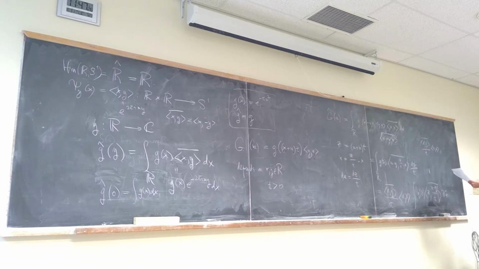Oh yeah, right, ux, and then g hat of u minus y over t. Because this is just the Fourier transform of g against the character, evaluated on the character u minus y over t. So that's the formula for G hat of u.